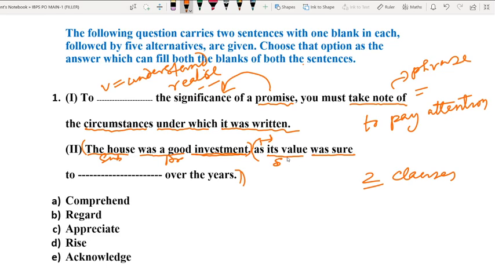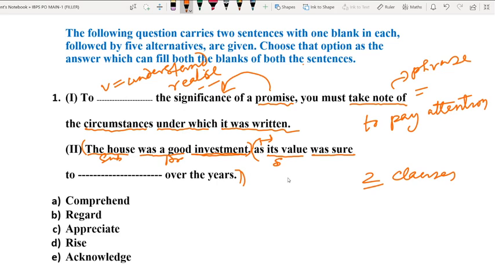So let us see what the subordinate clause tells us, or what clue we are getting from the subordinate clause, and I am sure that will help us understand the type of word that will go into the second blank. Here it says, as its value was sure to dash over the years.